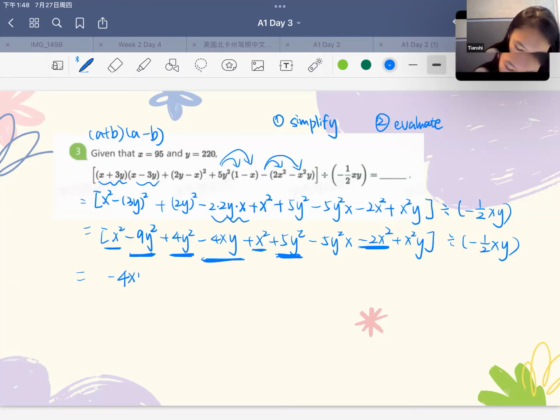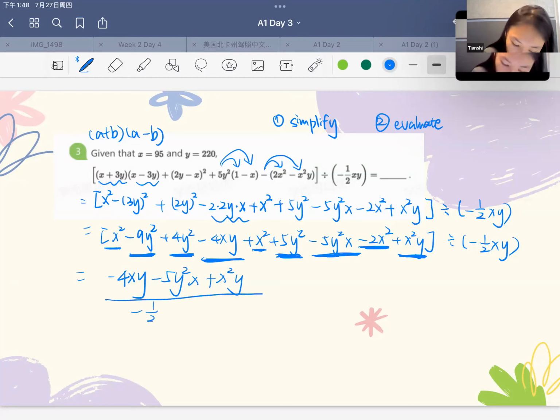So negative 4xy, and here we have negative 5y squared x, and this one we have plus x squared y. These two terms don't have like terms either, so we just write the result. And then it's divided by negative 1 over 2 xy. So here let's do the calculation. First of all, let's find the result for this term.